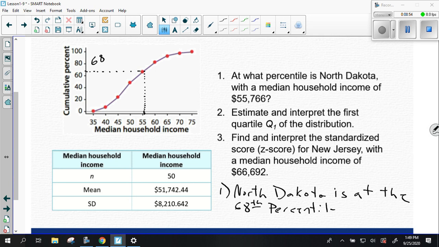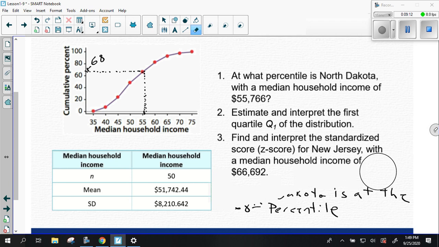That easy, y'all. I'm looking for household incomes, and then I draw a dotted line up. When it touches, I draw a dotted line back to my axis, and I look at where that value is. That's how it's done. How about if we were to estimate and interpret the first quartile of this distribution?